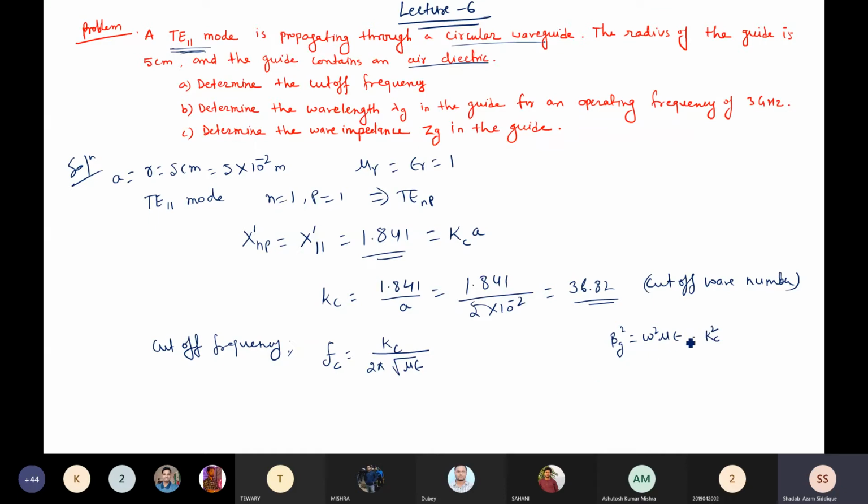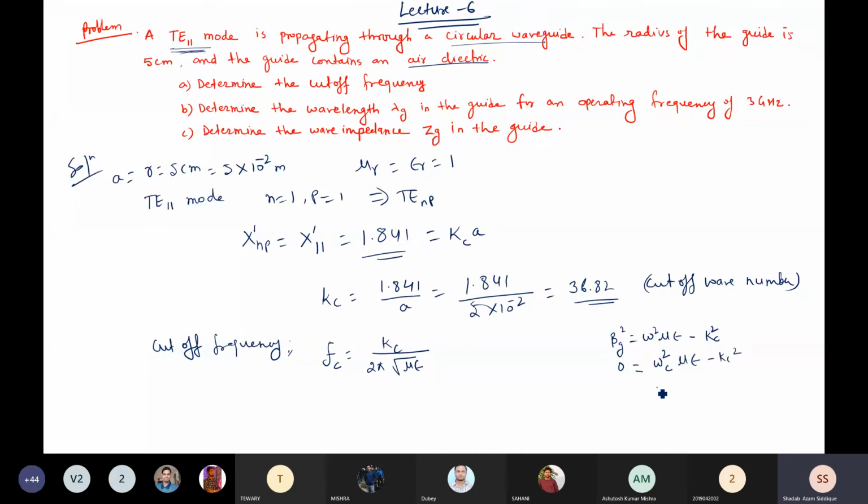That can also be written as kc square is equal to omega square mu epsilon minus beta g square. If you want to find the cutoff frequency, at that time beta g should be equal to 0. Simultaneously, omega will become omega c, which gives the cutoff frequency.